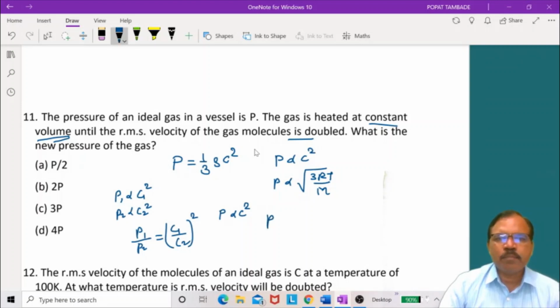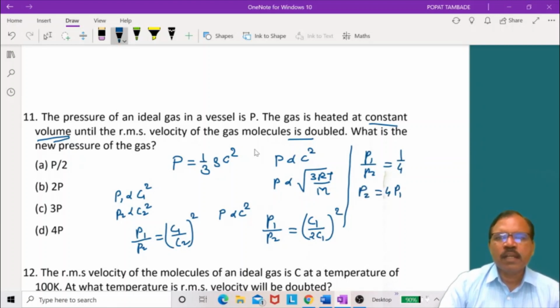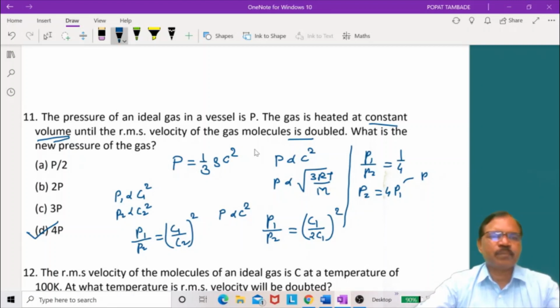So P1 upon P2 is equal to C1 upon 2C1 whole square. So we get P1 upon P2 is equal to 1 by 4. So P2 is 4 times P. Now P1 is P, so P2 is 4 times P. So D is correct.